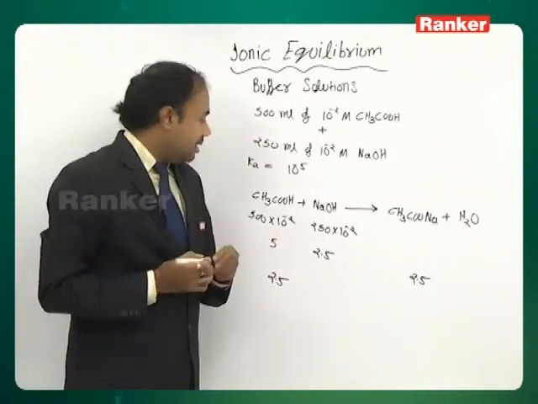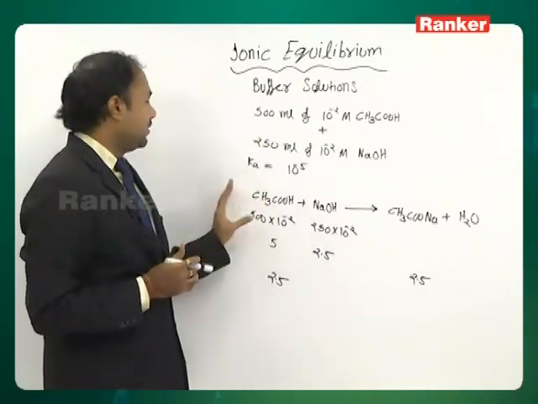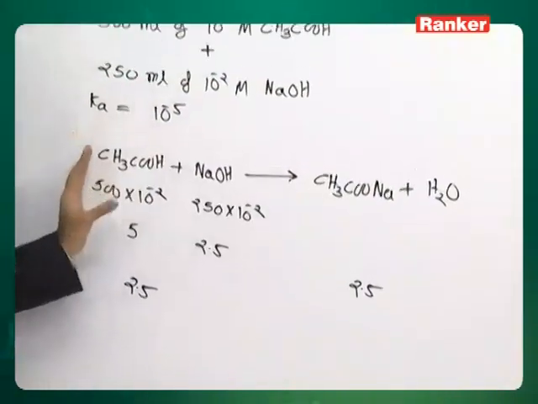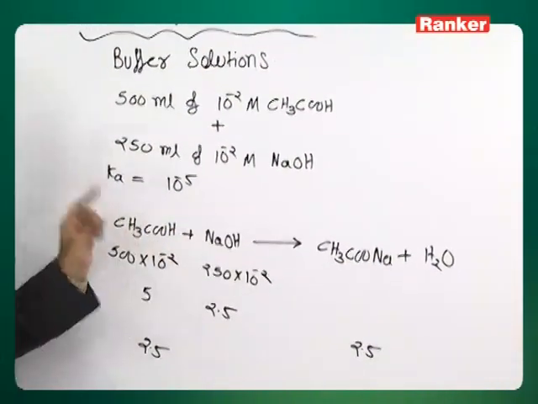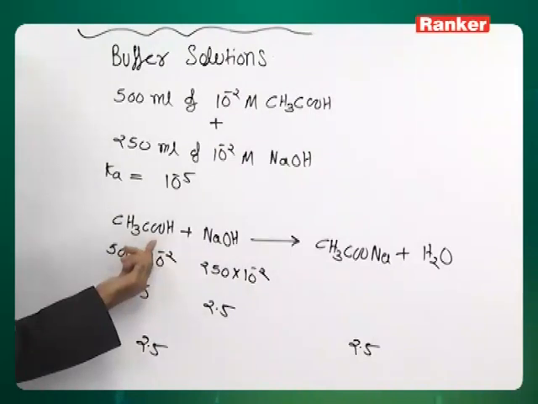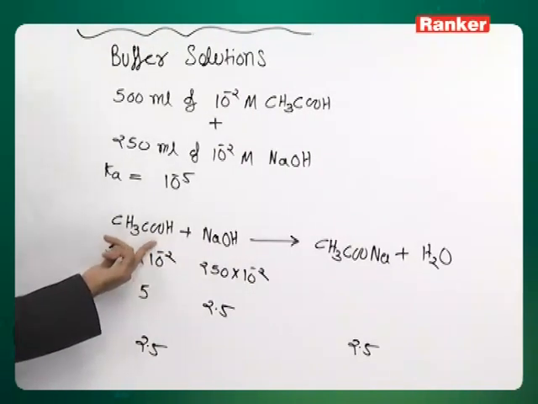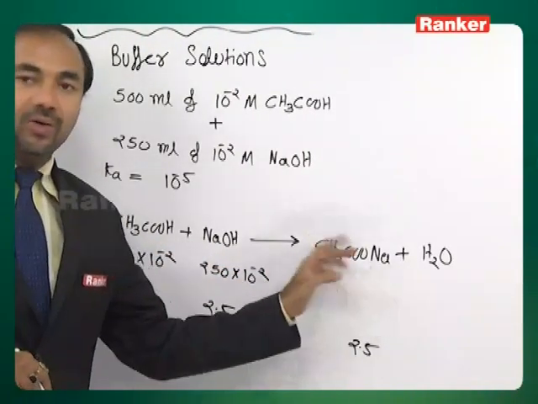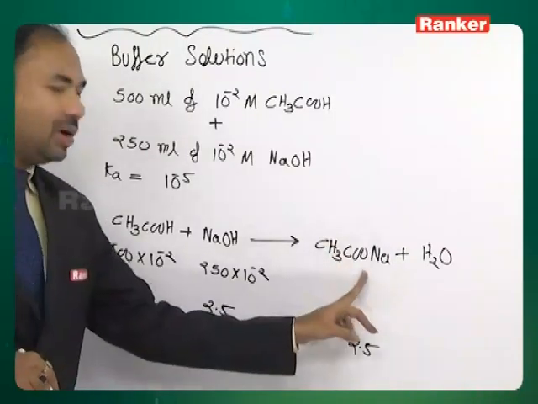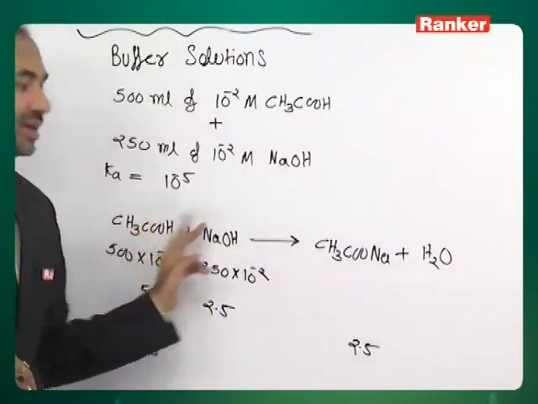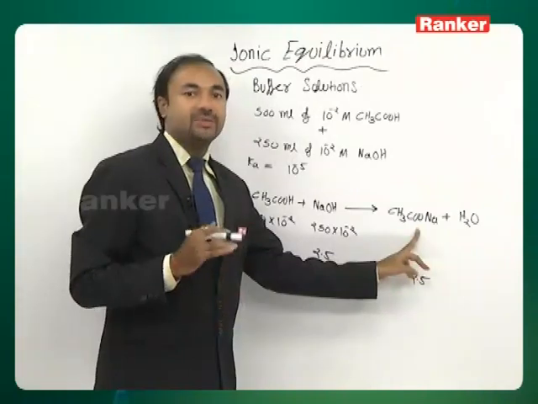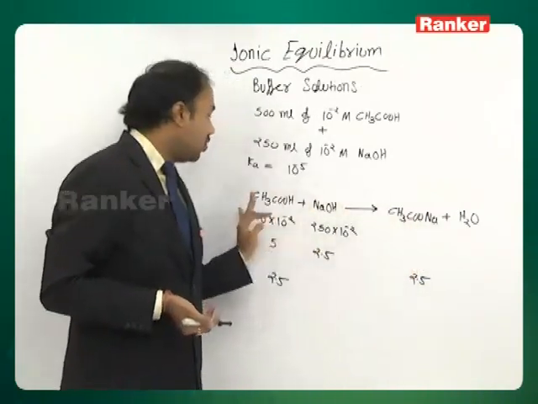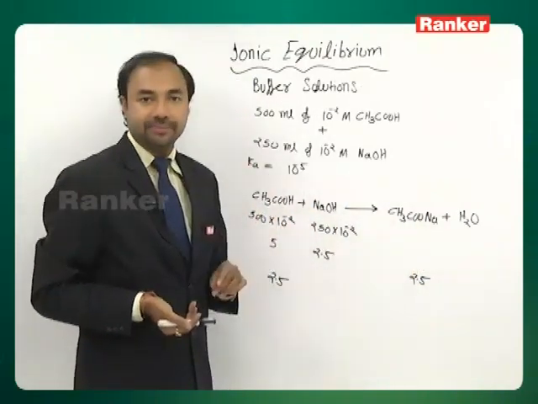See, now if you look at the final composition of the solution, you have got acetic acid, which is a weak acid, along with sodium acetate, which is a salt of a weak acid with a strong base. As per the definition, the solution now becomes a buffer.